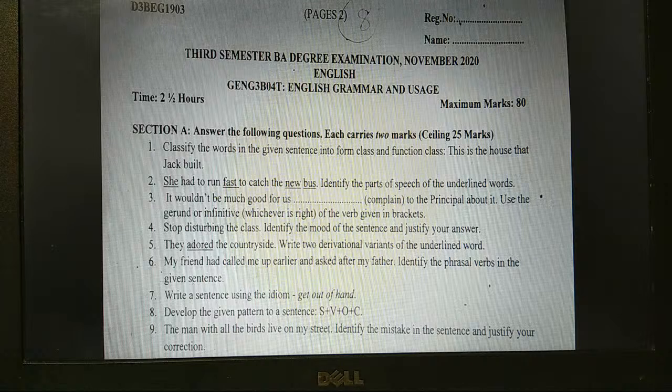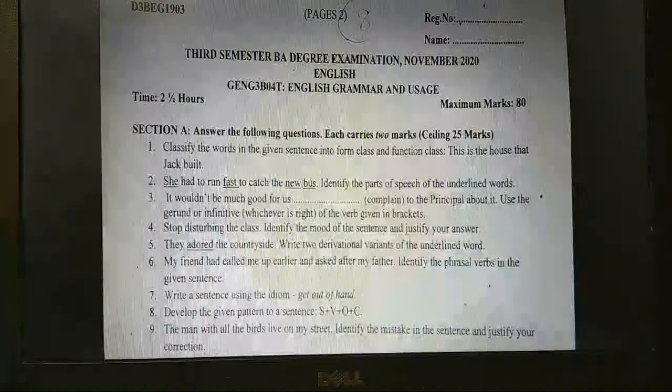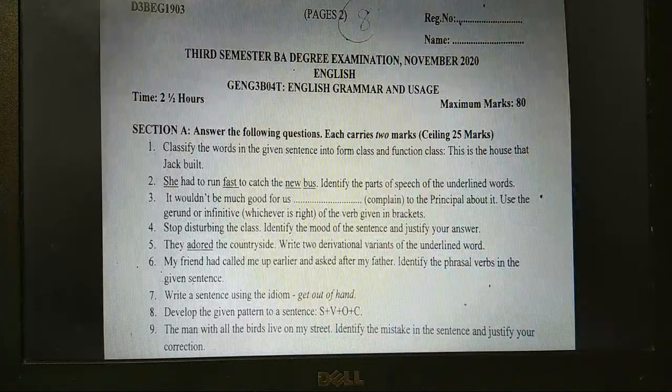This question is from Morphology, word formation, and the word underlined is adored. So we have to form a derivational variant. What is a derivational variant? A derivational variant refers to adding suffixes or prefixes to make a new word. So you have adored, and you will write 2 variants of adored.